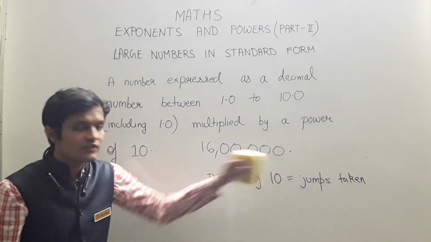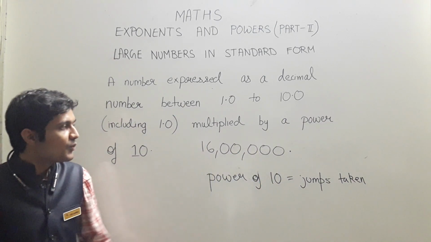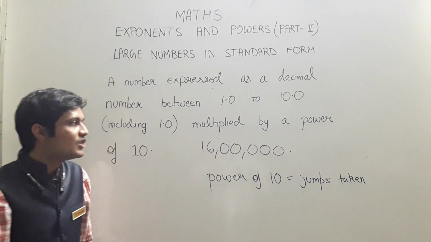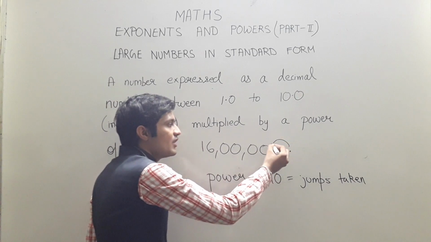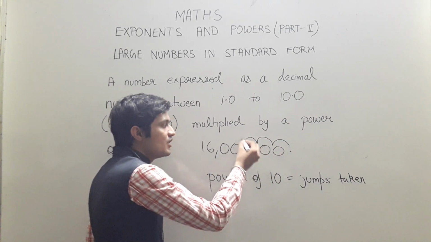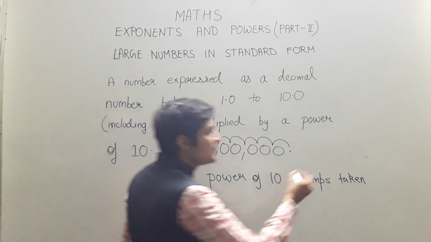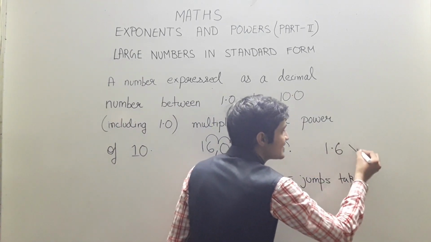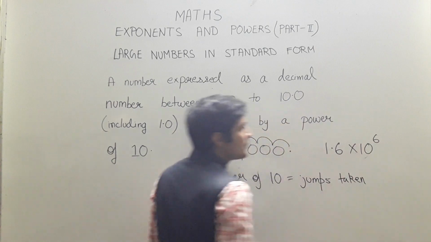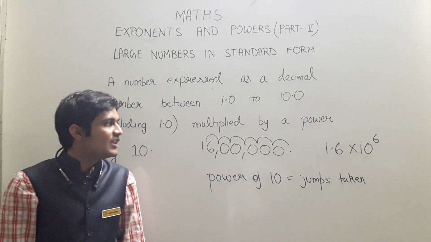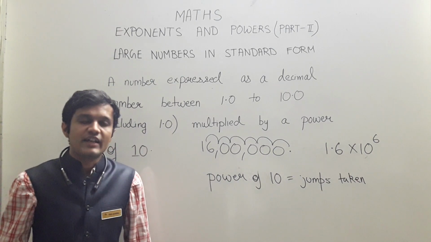Now we want to shift that decimal point to after 1, or between 1 and 6. So the jumps taken will be first, second, third, fourth, fifth and sixth. So the number will be 1.6 into 10 raised to the power 6. In this way you can change any large number to standard form.